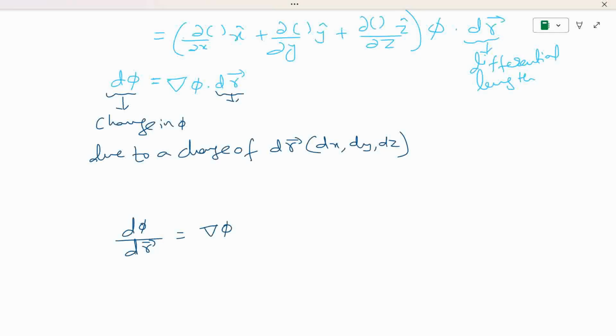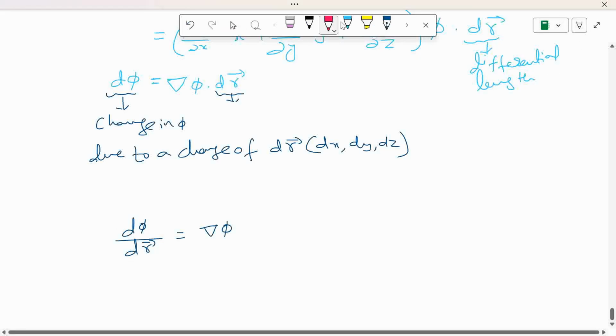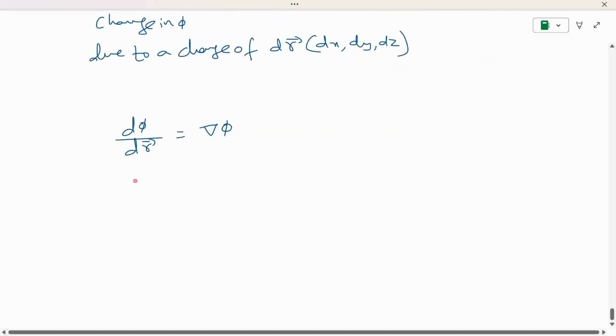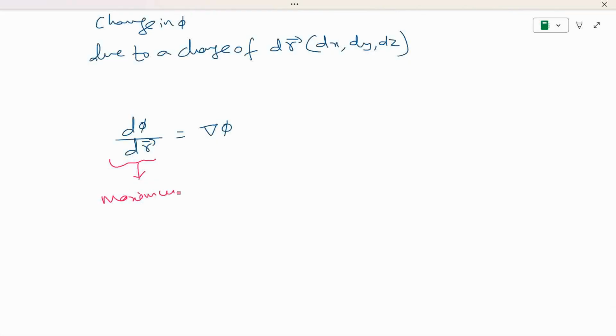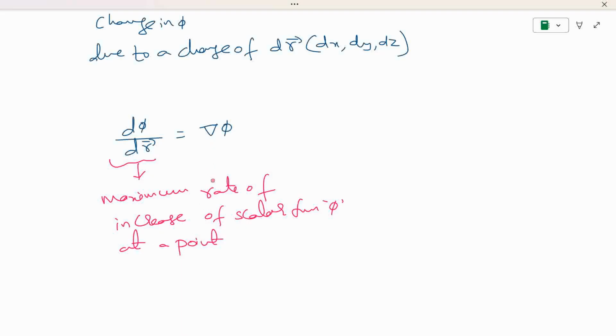So what does this quantity give us? This quantity means the maximum rate of increase of the scalar function phi at a point, which is given by del phi.